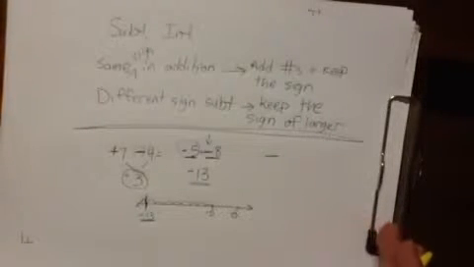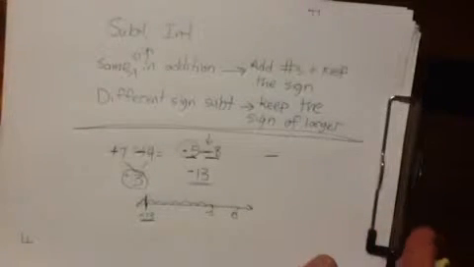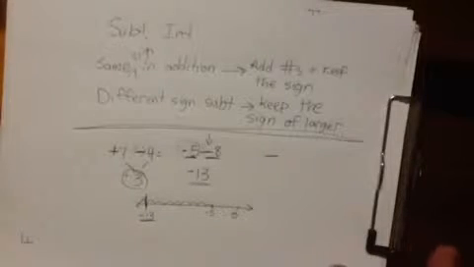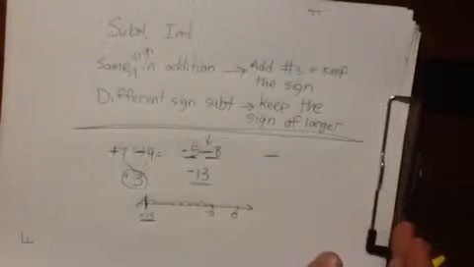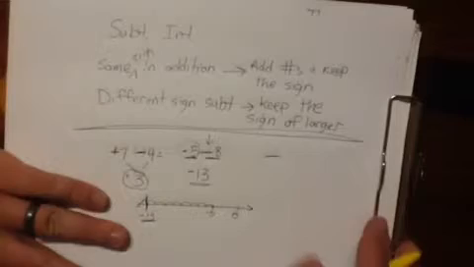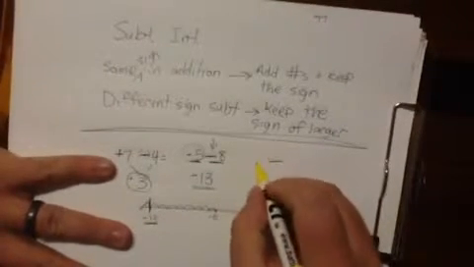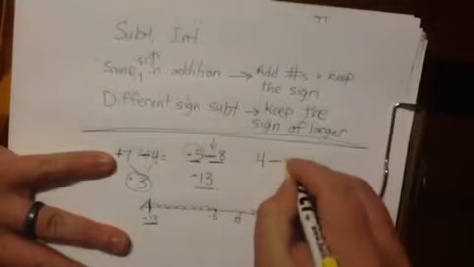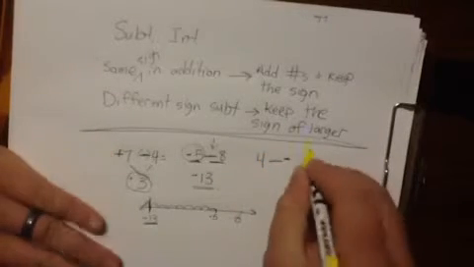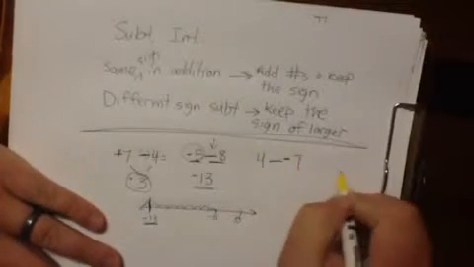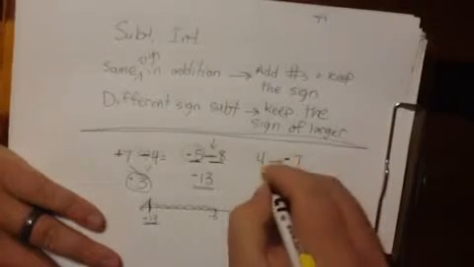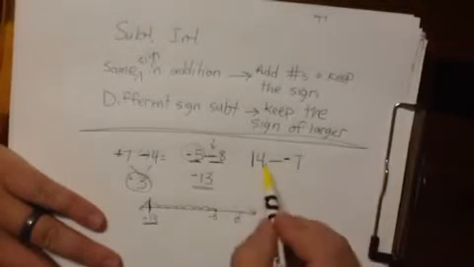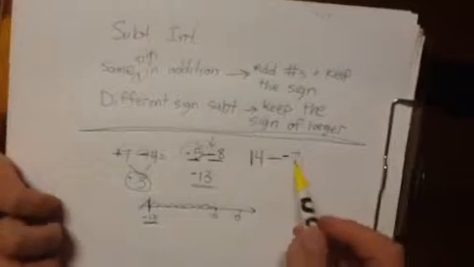Now here's when things get really complicated, and it's really not. It's pretty simple if you just remember one thing. Now let's say we have 14 minus a negative 7.